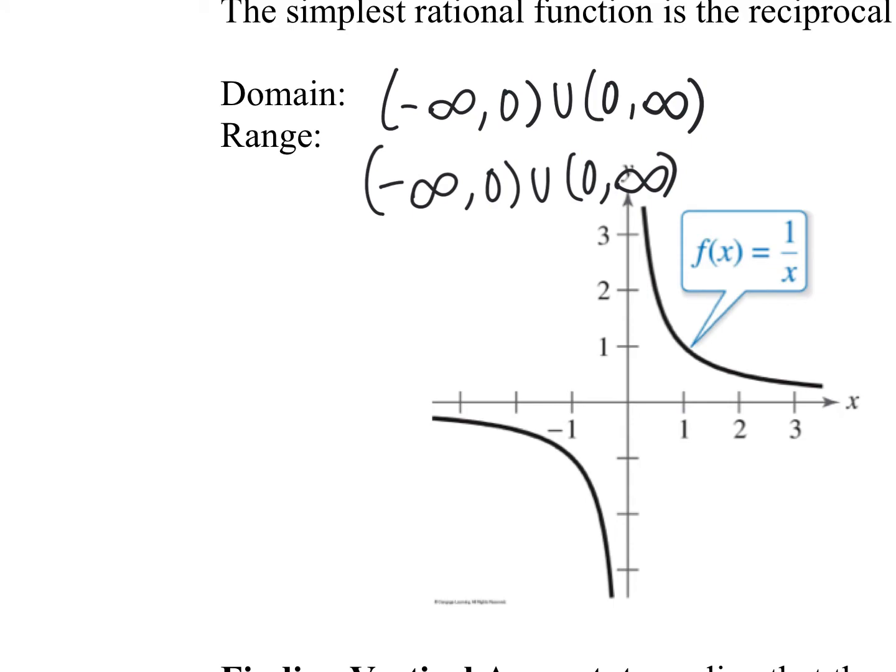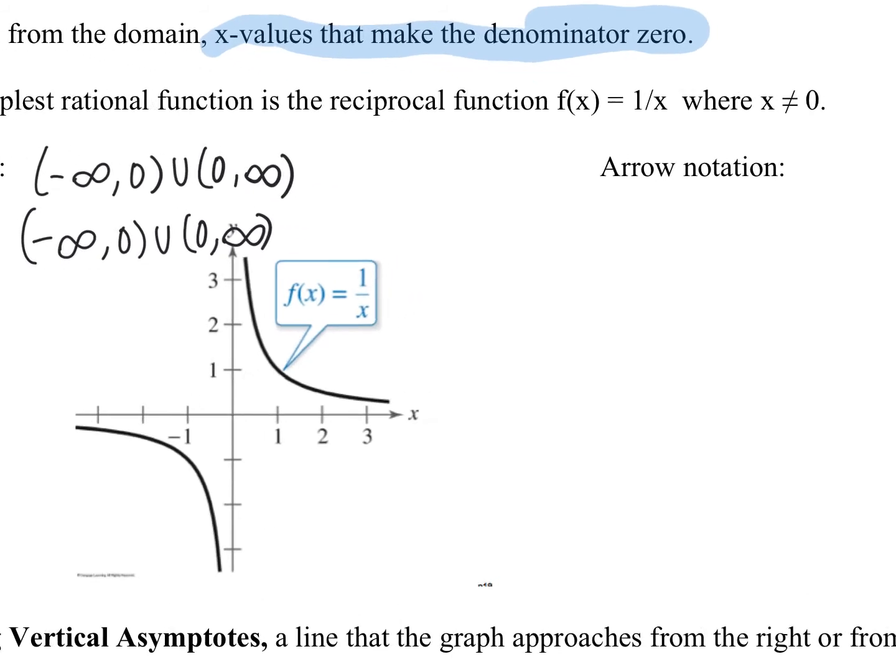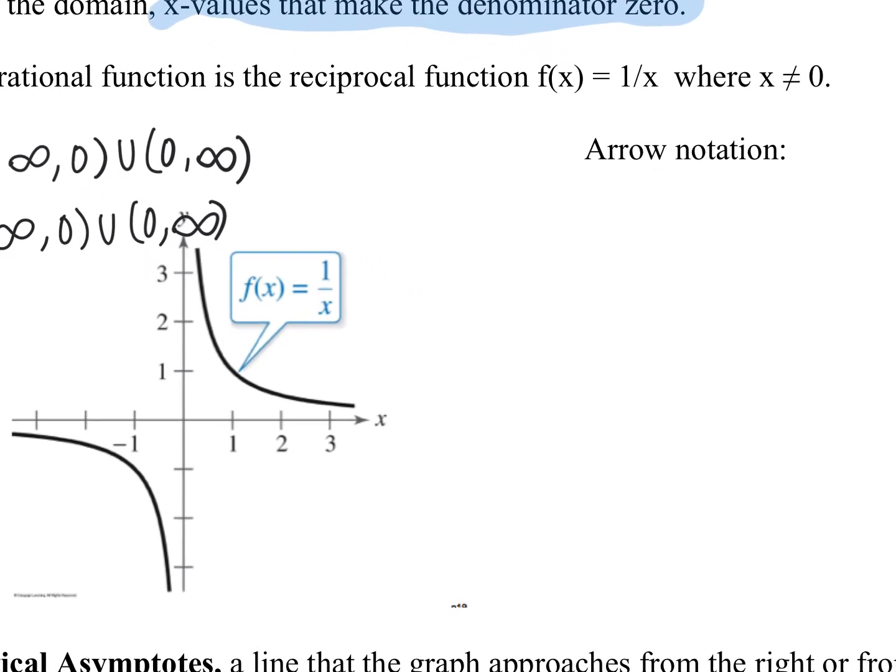All right, so we'll save those domain and range complications for a little bit. The other way we can describe these functions is using something called arrow notation. You may remember this as how we described end behavior of polynomial functions.